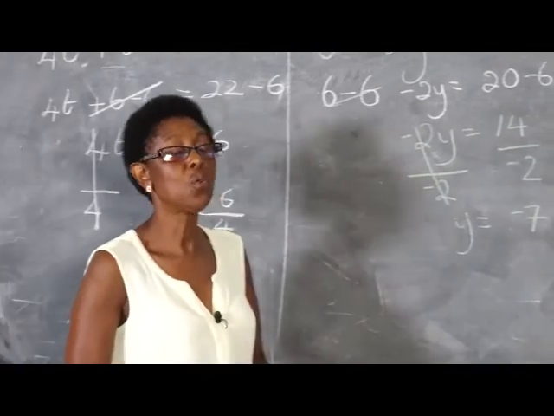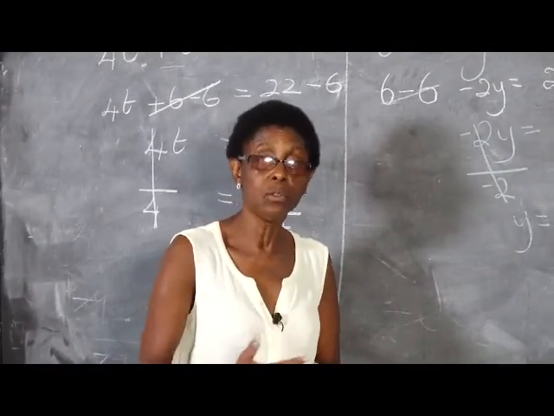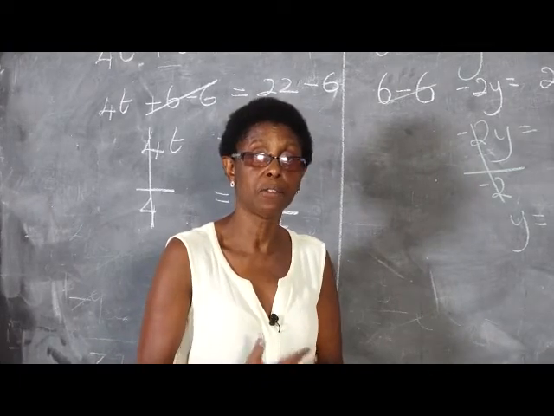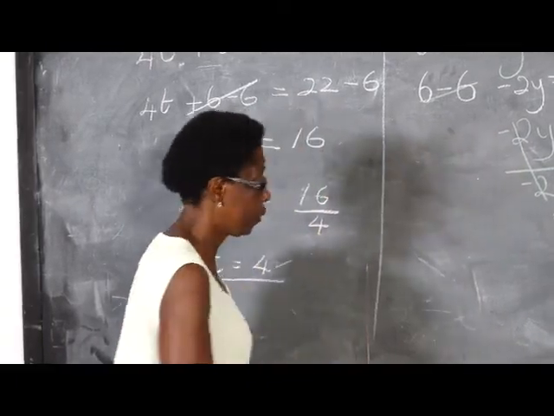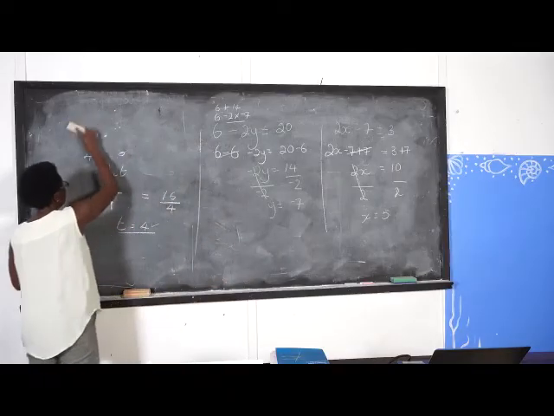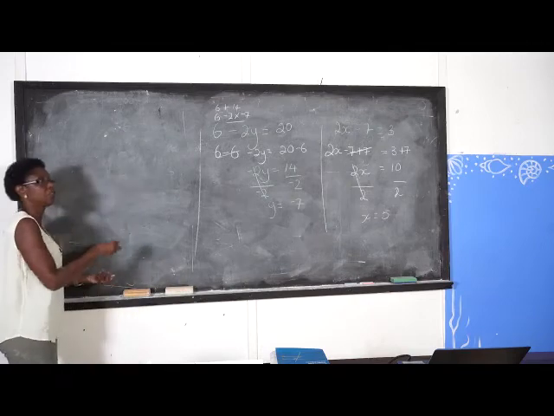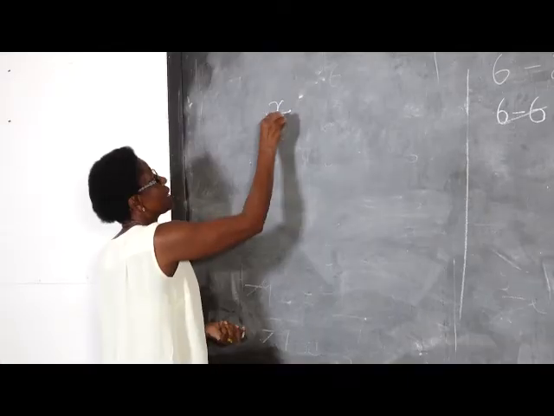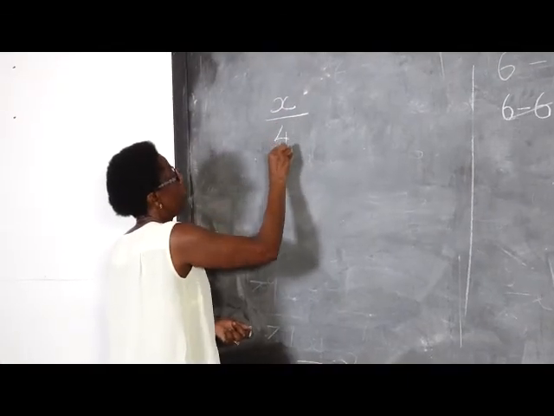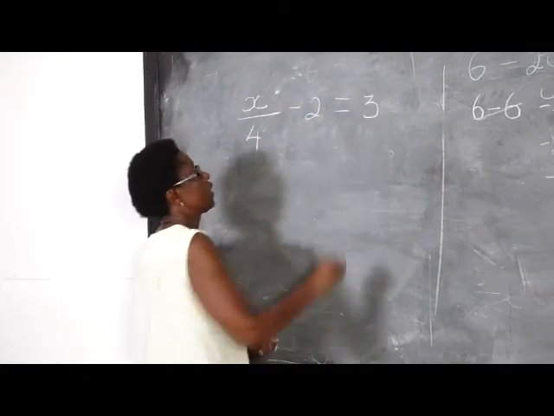Excellent. We're going to do one more, well, 2 more, and then you have a go at a couple of questions. Just 2 more. I want you to note this one down, and you have a go at it. Slowly we have a go at it. I've got x over 4 minus 2 equals 3.